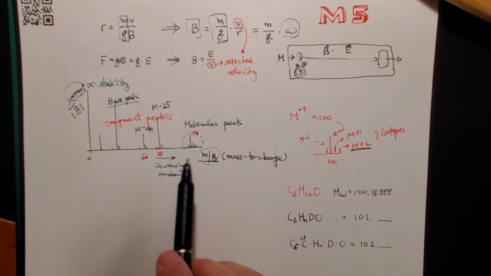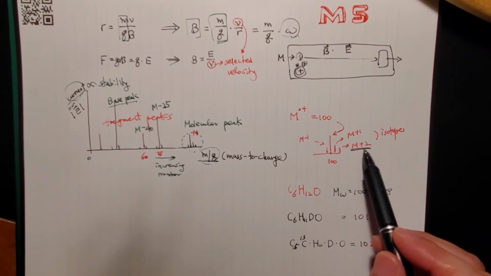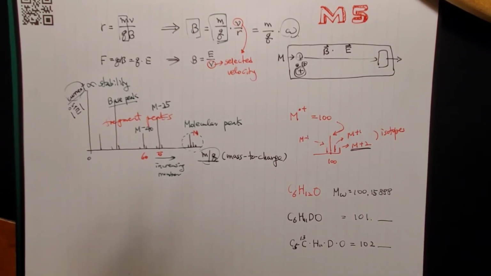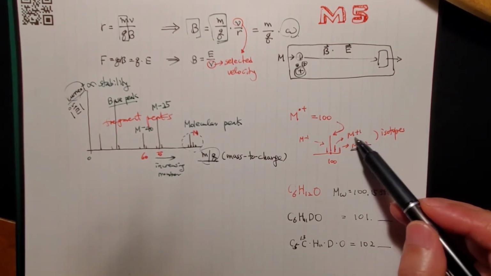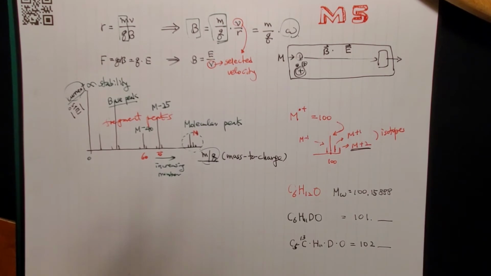Then you look at the isotope peaks. If you see an M plus 2 peak significantly big, like chlorine or bromine, or sometimes with other heavy atoms you may have a significantly big M plus 1 isotope peak as well, that means you have more than just carbon, hydrogen, oxygen, and nitrogen.